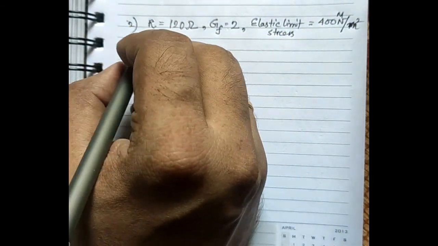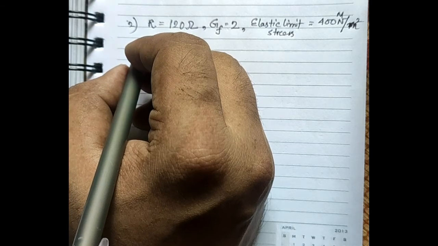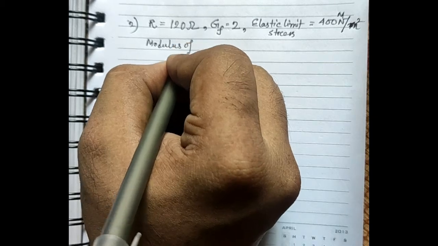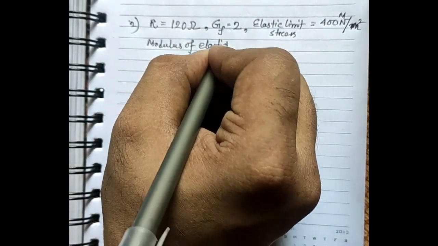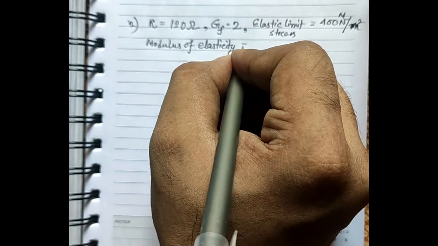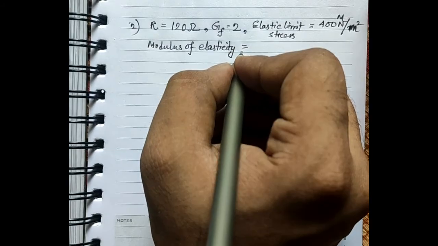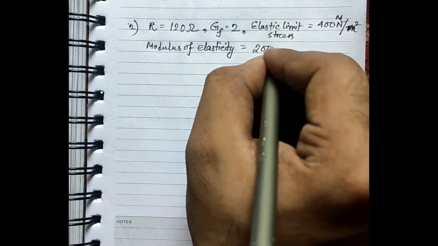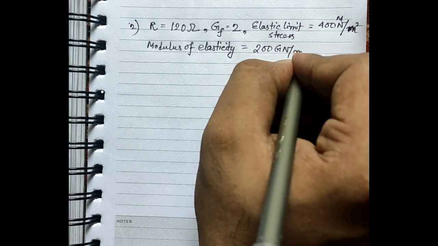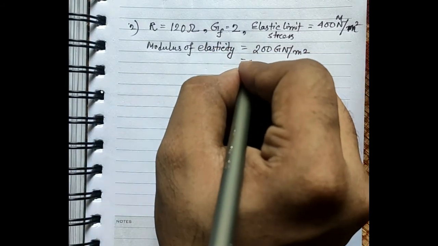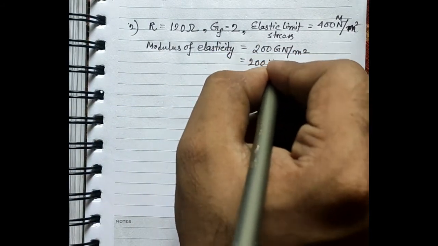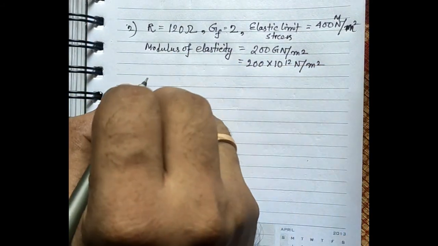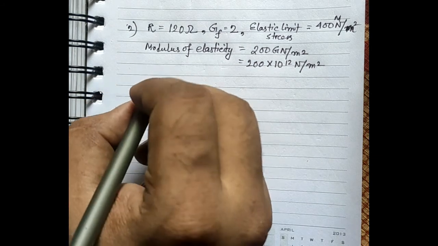Then modulus of elasticity is given as 200 giga Newton per meter square, which we can say will become 200 into 10 to the power 9 Newton per meter square, and the resistance temperature coefficient, alpha 0.